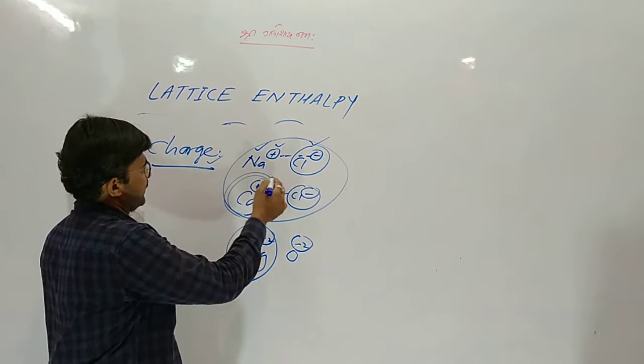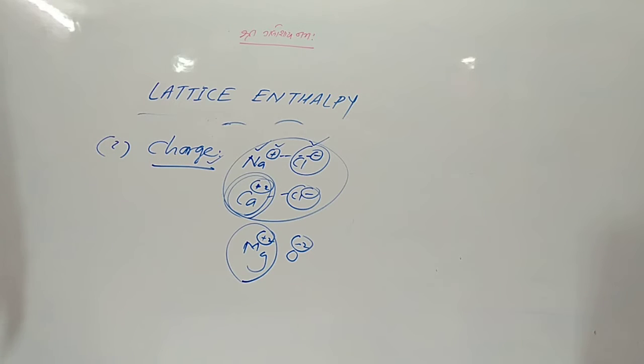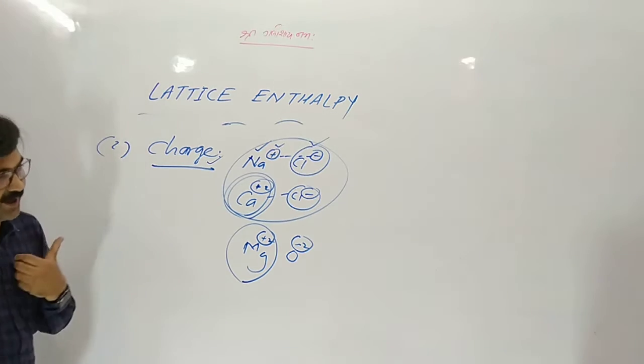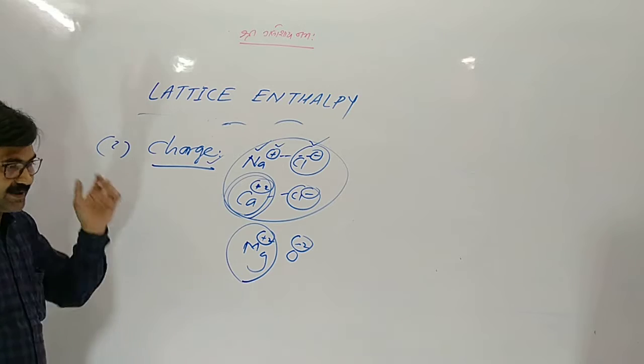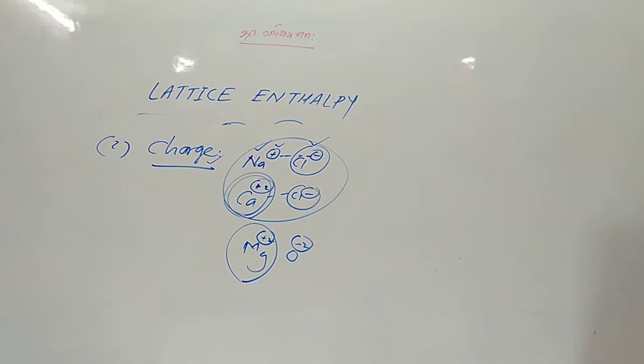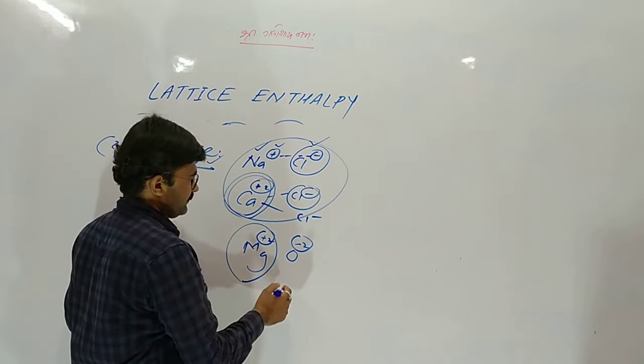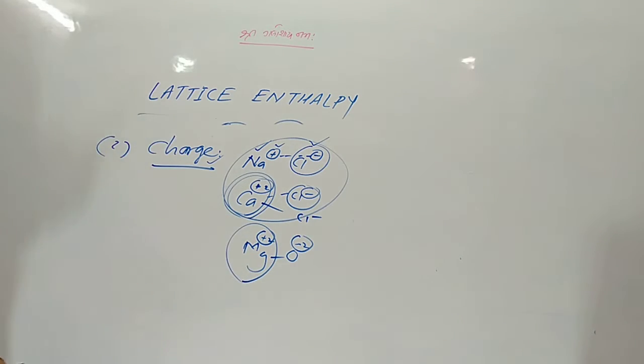So whenever the charge of opposite ions is high, the liberated energy should be high and the lattice enthalpy high, and on that basis we can say it is more stable. So compared to NaCl, calcium chloride is more stable, and then magnesium oxide. Magnesium oxide is more stable than calcium oxide, and calcium chloride is more stable than sodium chloride.